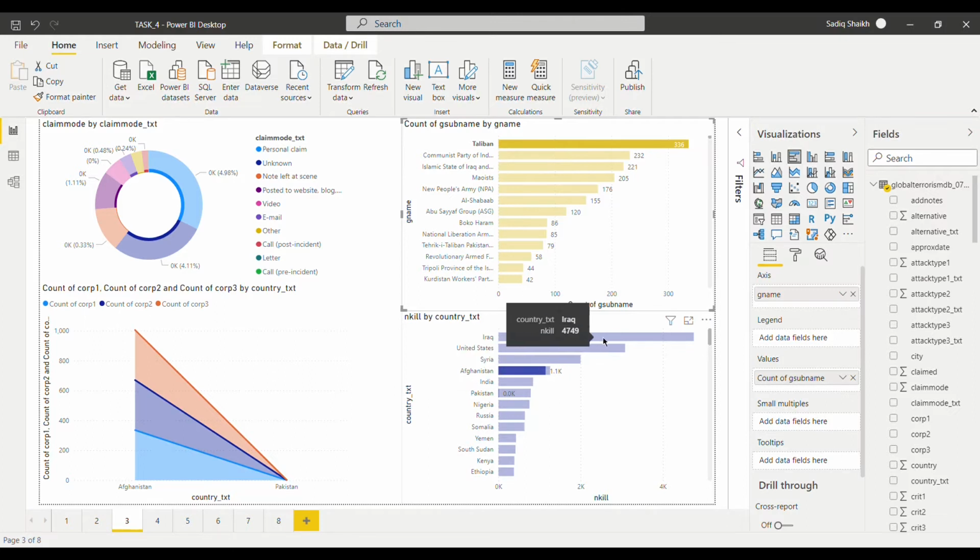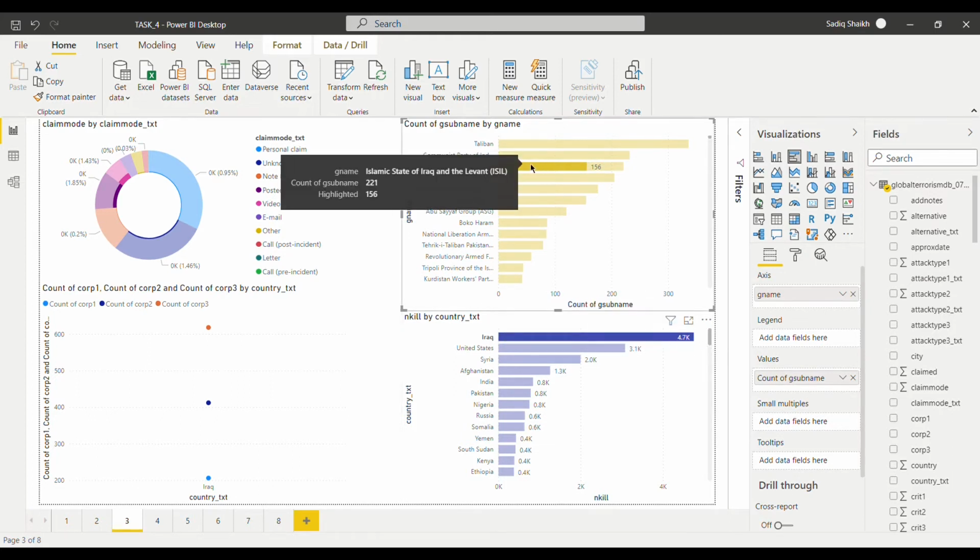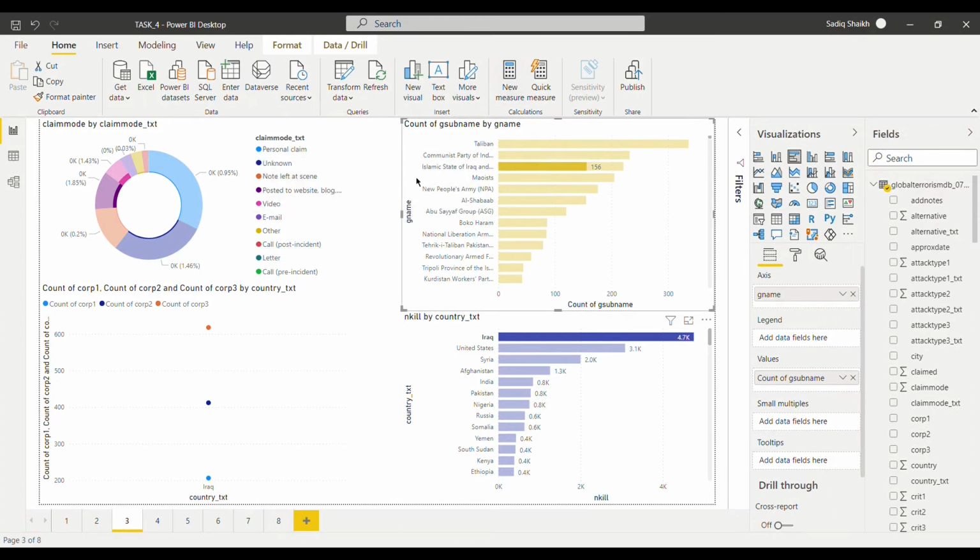Then after this, we can see Iraq is having the highest number of killing attacks, where they have killed a maximum 4.7 count of people, and the group which is responsible is ISIS, the Islamic State. And among this, most of them have not made any kind of claim, and those which have got some kind of claim were posted using websites or blogs and by video mode.